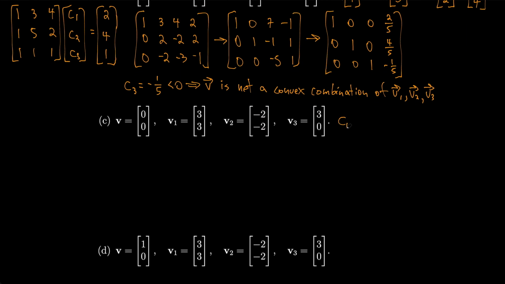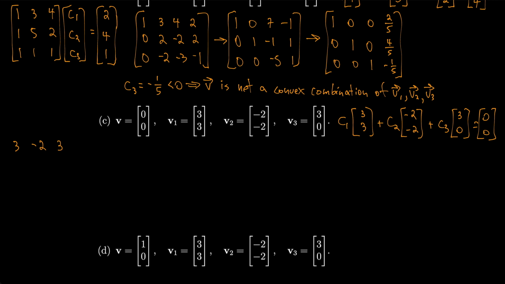In this case, we want to solve for C1 times 3, 3 plus C2 times minus 2, minus 2 plus C3 times 3, 0. Setting that equal to the 0, 0 vector. Okay, great. So we have our matrix reading off the top row, 3, minus 2, 3, 3, minus 2, 0 for the second row, and 1, 1, 1 for our last row.